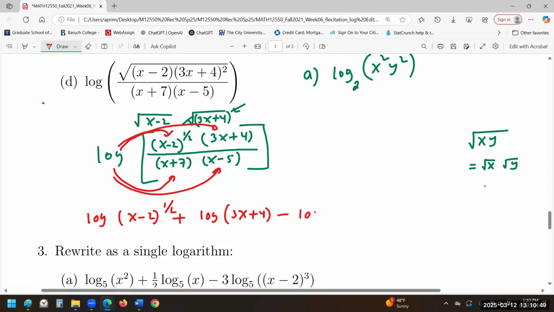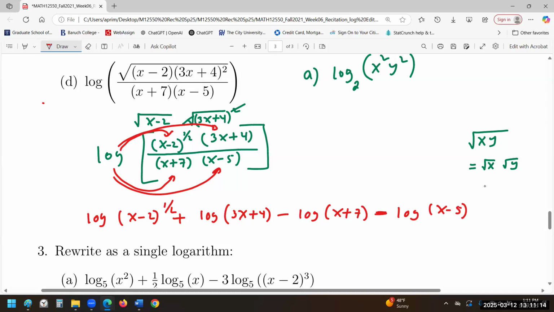Minus log of what? x plus 7. And what is our last one? Minus log x minus 5. Are we done? No. What's wrong with this?